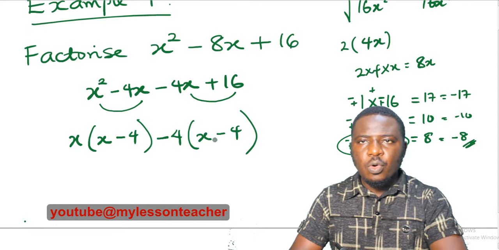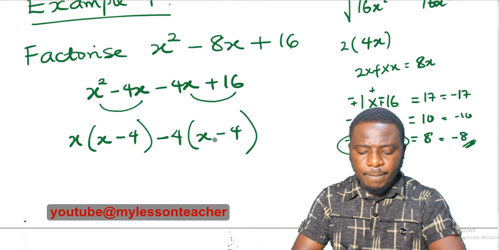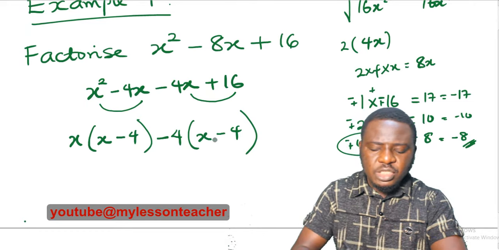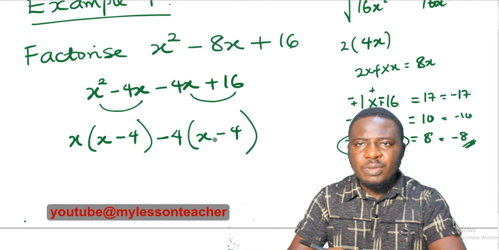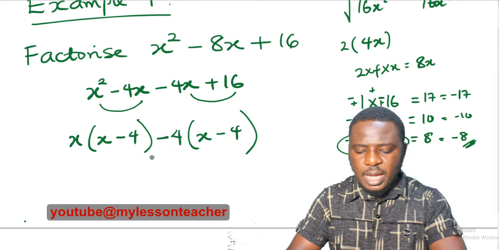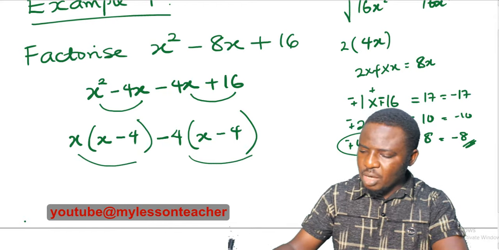So we are to then factorize it further into a 1-term expression. Now looking at these two terms, what is common? You agree with me that what is in the bracket is common. That is, x minus 4 is common, as we have it in this term and in the second term. So factorize it out again.